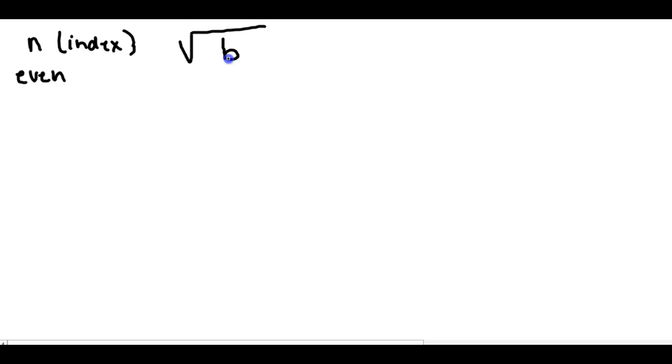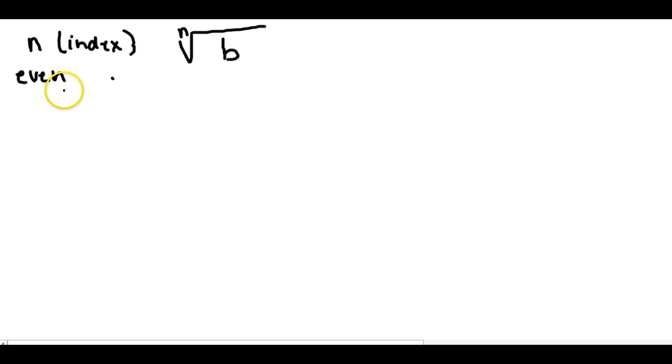Our general form is b is our radicand, n is our index number. So if our b term, our radicand, is greater than 0, anything positive, anything underneath the radical is positive, then we get one positive root and one negative root.